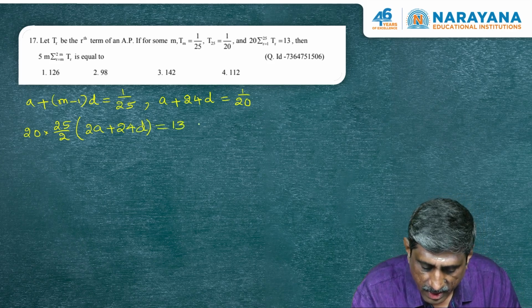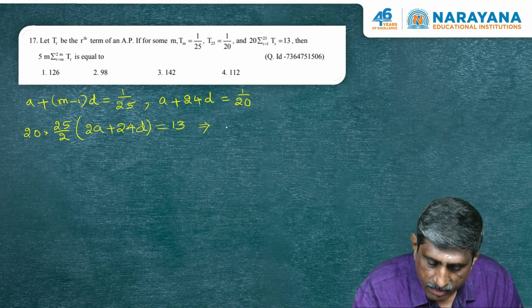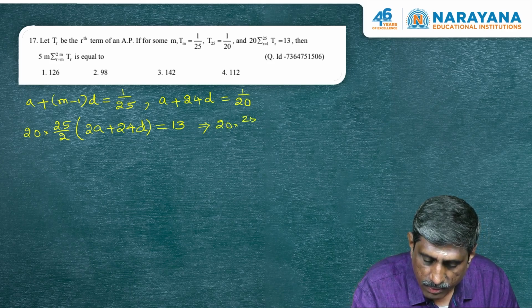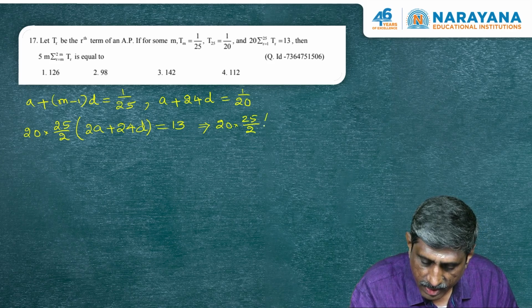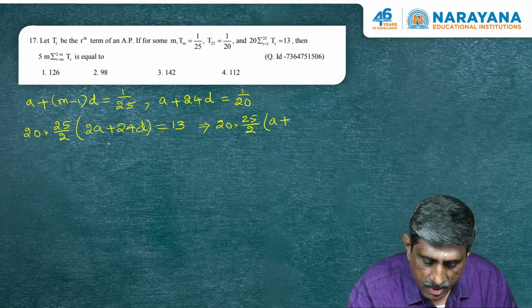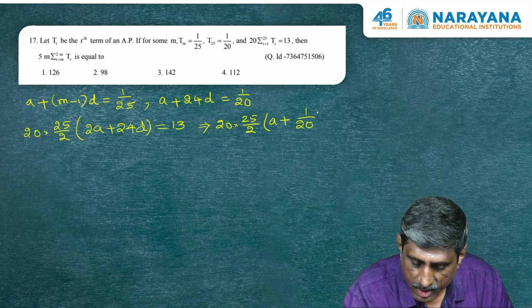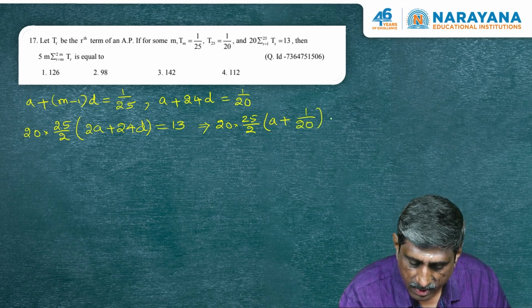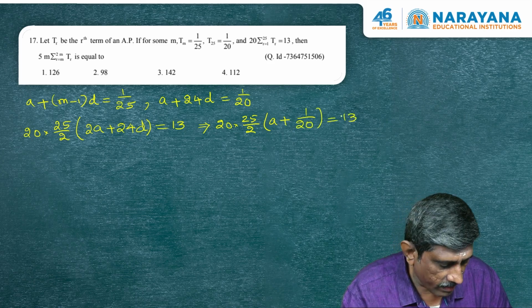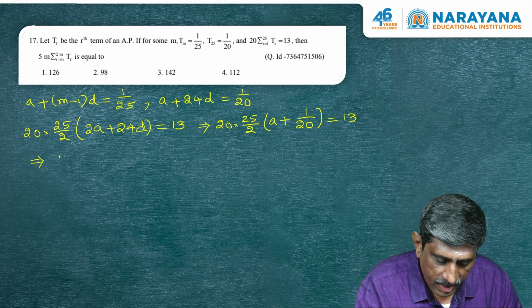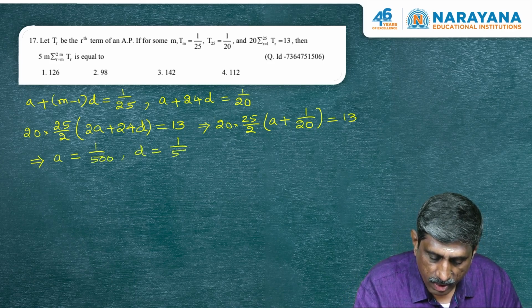And here I can write this as 20 times of 25 by 2 into this is a plus 24d. I will write it as 1 by 20 in place of a plus 24d, which is equal to 13. And when we solve these equations for a and d, we get a is equal to 1 by 500 and d is equal to 1 by 500.